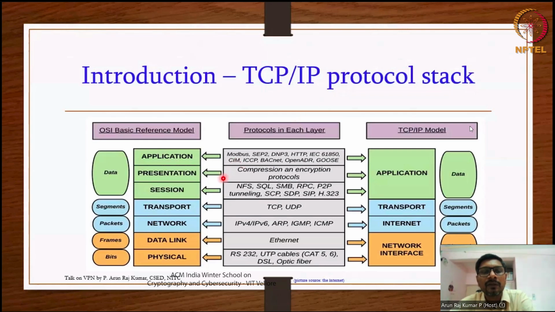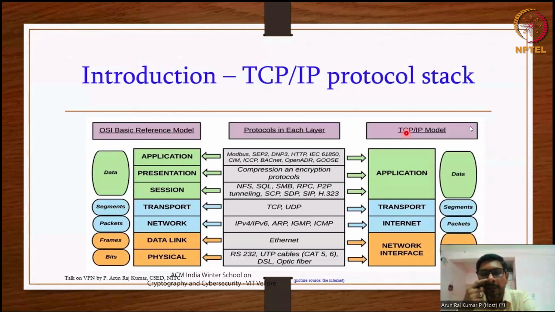This is the basic reference model which has been used, and in each layer there is a protocol data unit. For the network interface layer, we generally call the protocol data unit bits and frames. For the internet layer, we call this packets. For the transport layer, we call this segments. And for the application layer, it's called data.